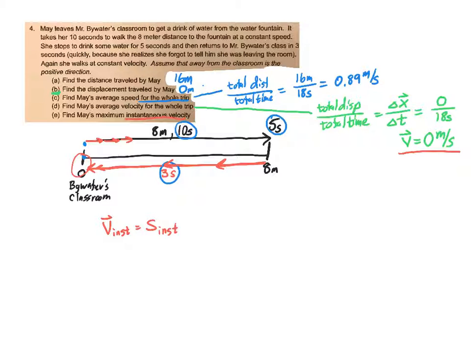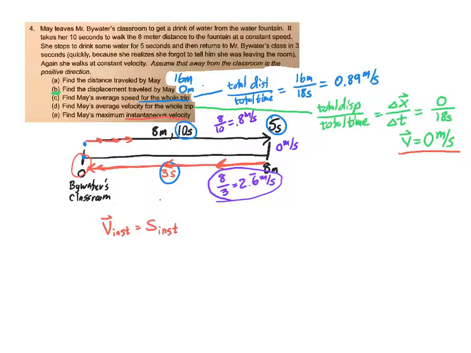Up at the top, she was going 8 meters in 10 seconds, which is 0.8 meters per second. At rest, she went 0 meters in 5 seconds, so that's 0 meters per second. And down here at the bottom, she went 8 meters in 3 seconds, which is 2.6 repeating, or 2.7 meters per second. You can see that the maximum velocity would be this one right here.